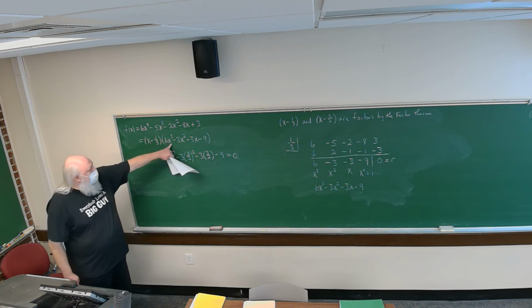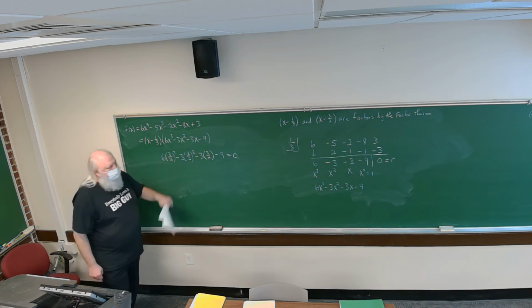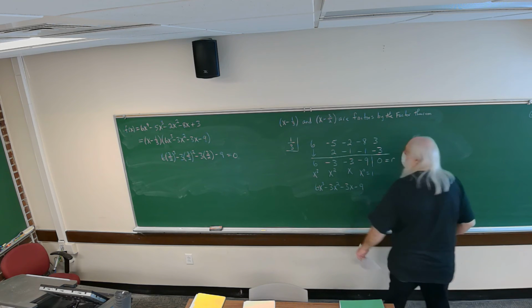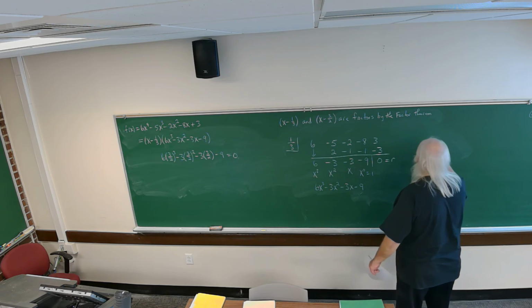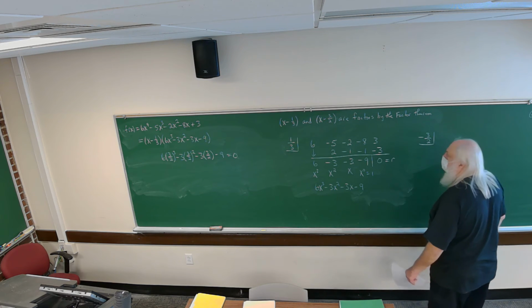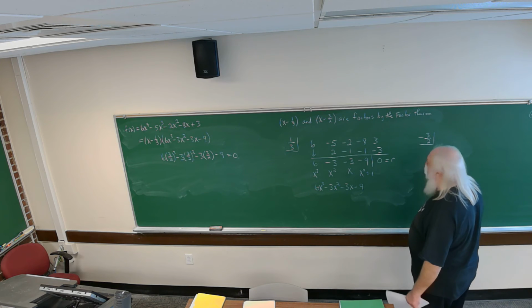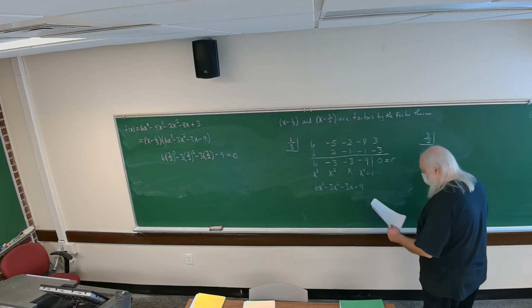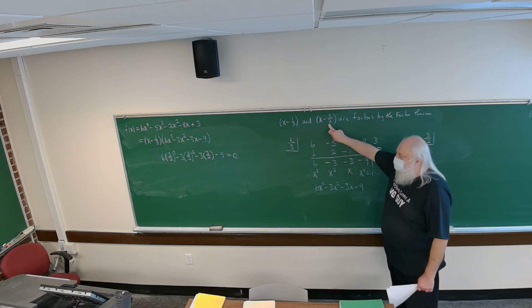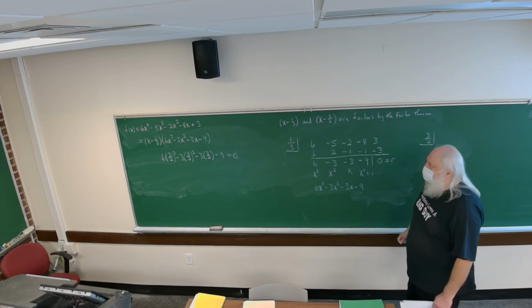So we can divide this third degree polynomial by x minus 3/2. So we put minus 3/2 in the box. Oh, it's not minus 3/2, it's plus 3/2. Sorry, even I get confused. x minus 3/2 is a factor, 3/2 is 0.